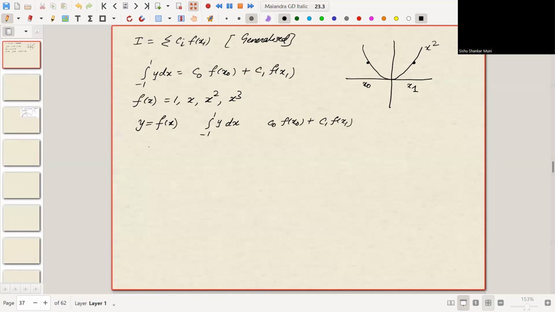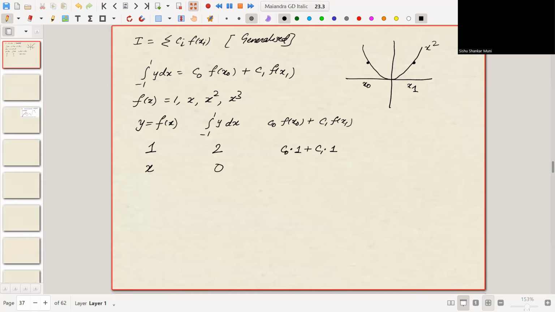For y equals 1, what will be the case? Then c0 f of x naught is c0, c1 f of x1 is c1. It doesn't depend on the value of x. It's a constant function. f of x naught is 1, f of x1 is also 1. So it's c0 plus c1. Next, we go to the next candidate, x. This integral should be 0.